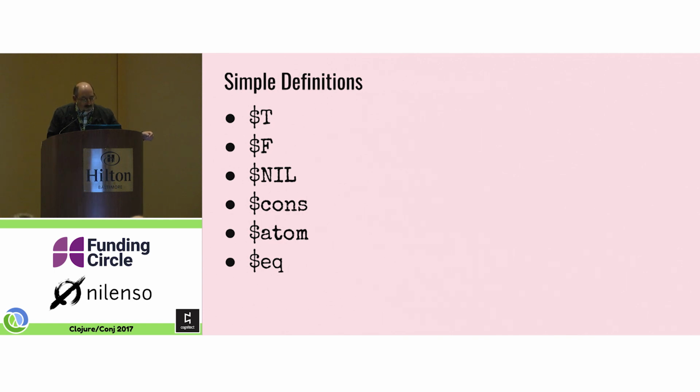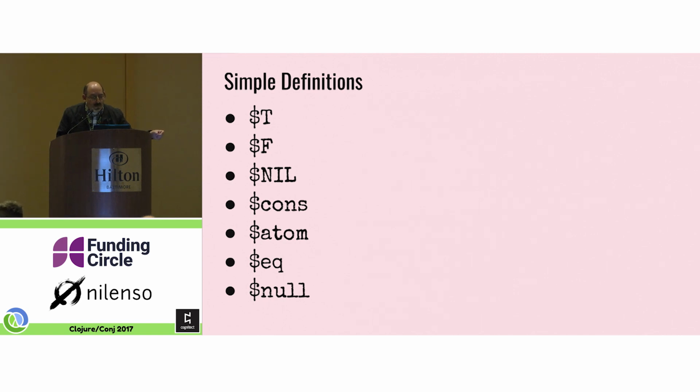If they are the same, it returns true. If they're not the same, it returns false. And we had null. Notice that I'm not ending these with a question mark, even though they're predicates. Null returns true if the argument is an empty list, false in other cases. And once again, I decided to use the same names as much as possible, just with the $, as the original specification, okay?